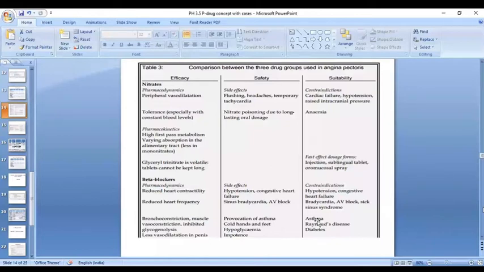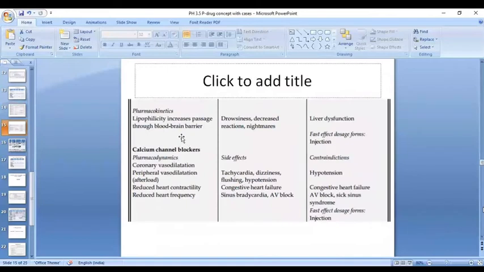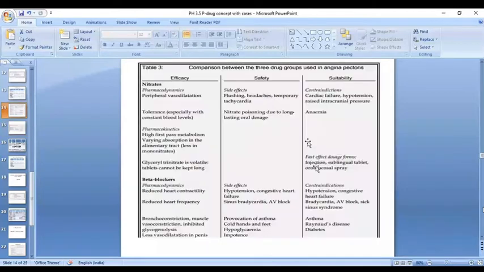But if we go into the pharmacokinetics, they are well absorbed orally, right? And they are lipophilic, so they will also cross the blood-brain barrier. But the problem with this is the fast acting form, because whenever there is an acute condition, we want fast action, right? For fast action in nitrate, we have injection, sublingual tablet, and a spray, right?